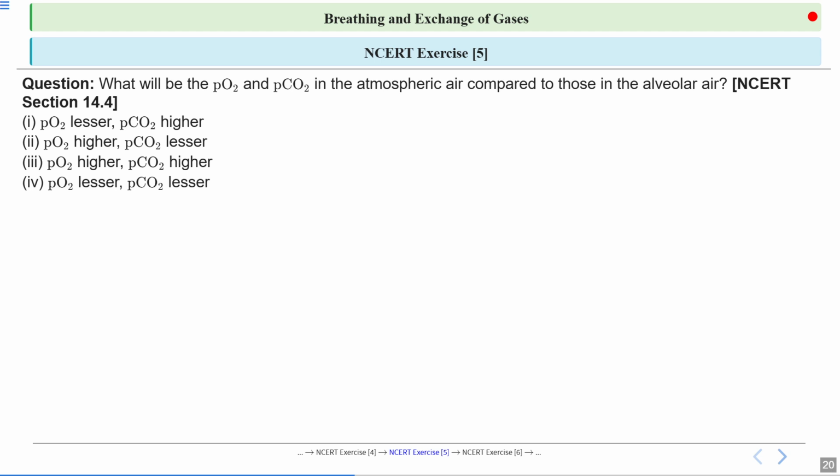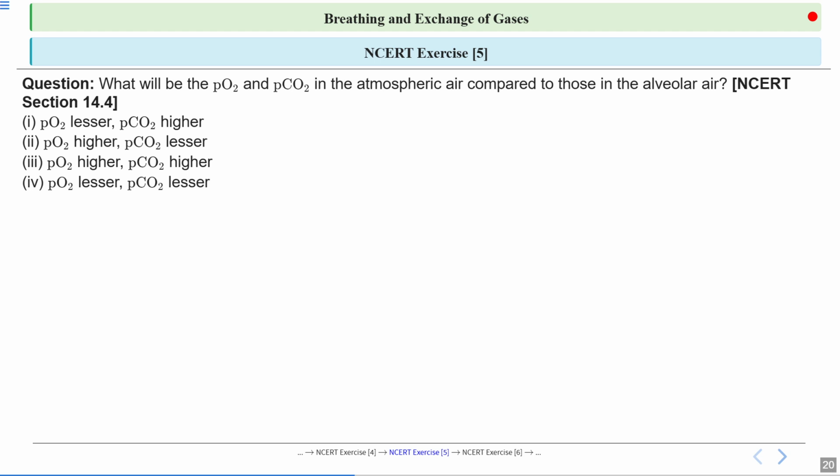First, partial pressure of oxygen is lesser and partial pressure of carbon dioxide is higher. Second, partial pressure of oxygen is higher and partial pressure of carbon dioxide is lesser. Third, both are higher. Fourth, both are lesser.